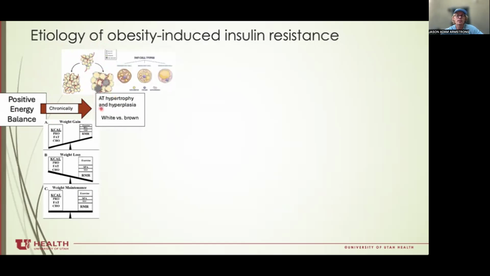We also have different types of adipose tissue. You have white versus brown, and that's demonstrated up here. You can see that brown has much fewer lipid droplets, which is what they're called. So, sort of baby fat inside of a fat cell, essentially. But you can also see that there are these other organelles involved, particularly the mitochondria and the nucleus. There are a lot more mitochondria in brown adipose tissue, meaning that it is much more metabolically active.